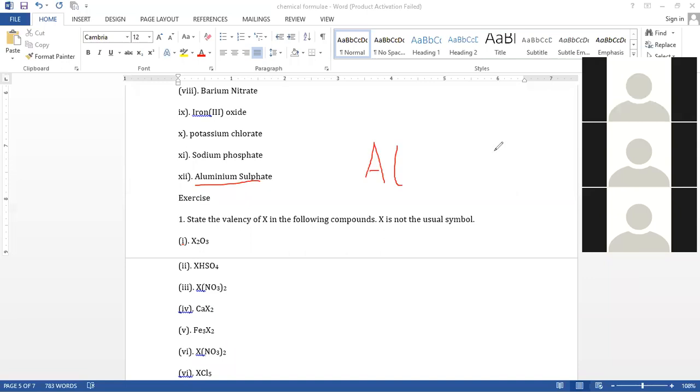We have our sulfate. The first thing that you need to note down is to know the particles or the radicals and metal atoms or metal ions in the molecule. Here, since we have aluminium sulfate, that means we have aluminium and we have a sulfate.